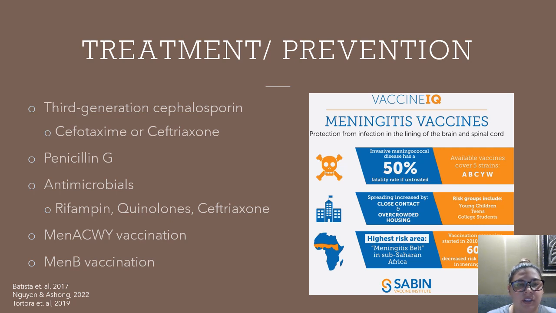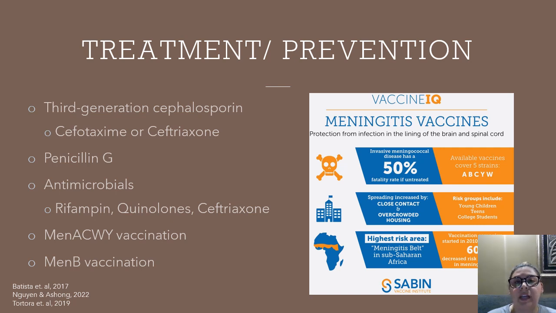Deterrence and prevention of meningococcal meningitis can be achieved by immunoprophylaxis or chemoprophylaxis. Antimicrobials commonly used to eradicate meningococci from the nasopharynx are rifampin, quinolones, and ceftriaxone. Vaccination is the best strategy to prevent disease, especially in at-risk populations.